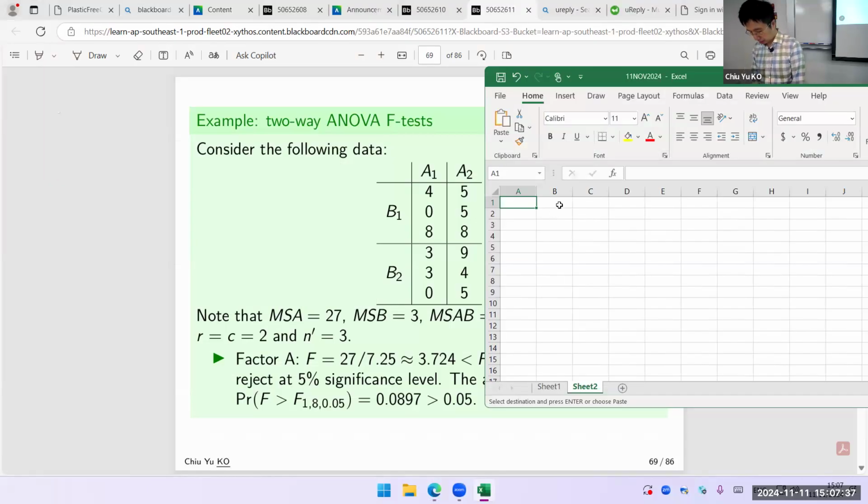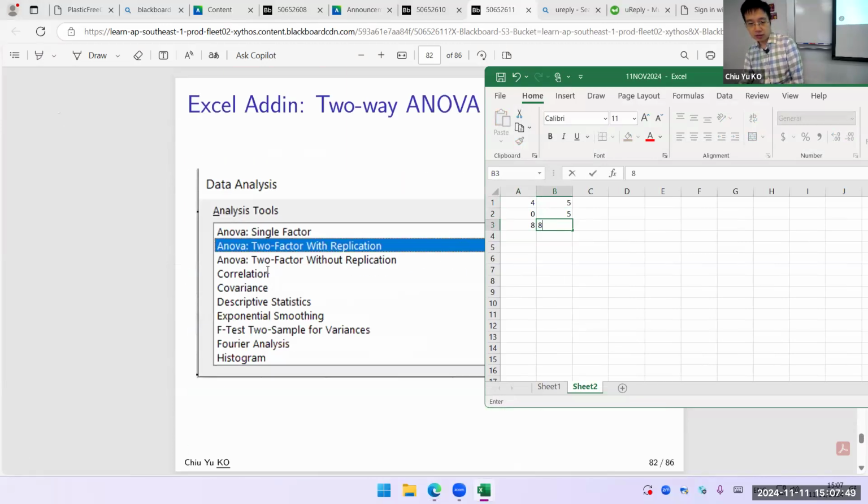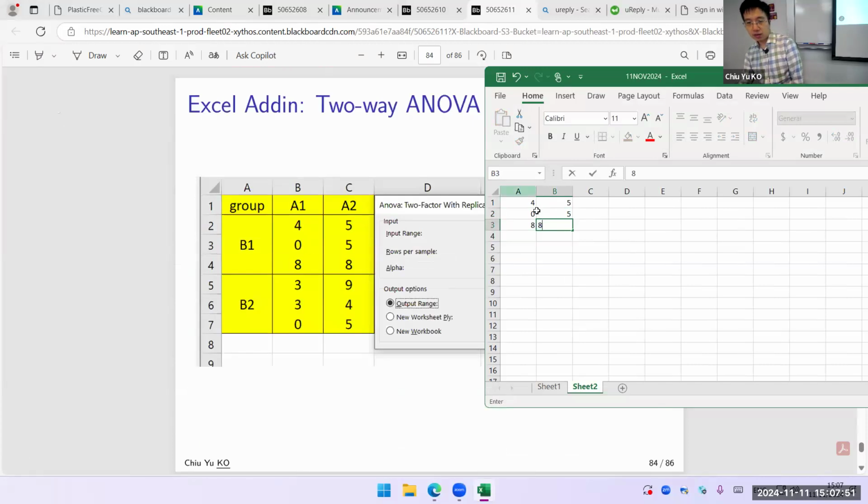So let's see. This is 4, 0, 8, 5, 5, 8. Oh, that's here. 3, 3, 0, and 9, 5, 5.